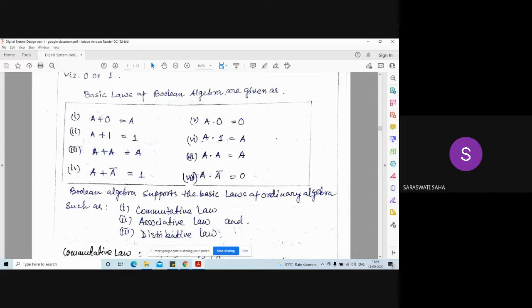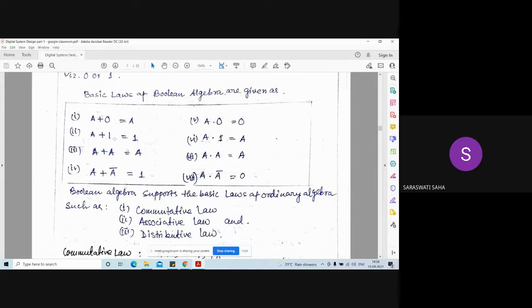If A is 1, then 1 plus 0 give us 1. So actually output is equal to A. In the case of AND law, any variable, whether it is 0 or 1, if ANDed with 0, obviously the output will be 0.